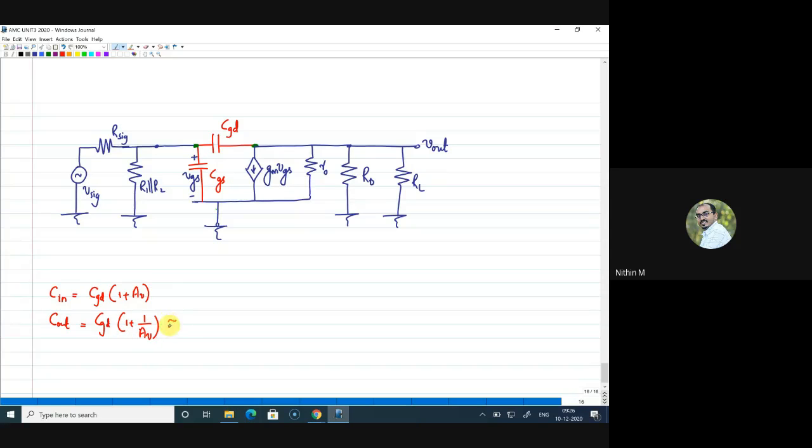So that is approximately equal to CGD itself, but on the input side it is 1 plus AV, right? But now what is this AV? Can I check with one of you, what is this AV? Anushka, can you tell me what is the voltage gain of this circuit?